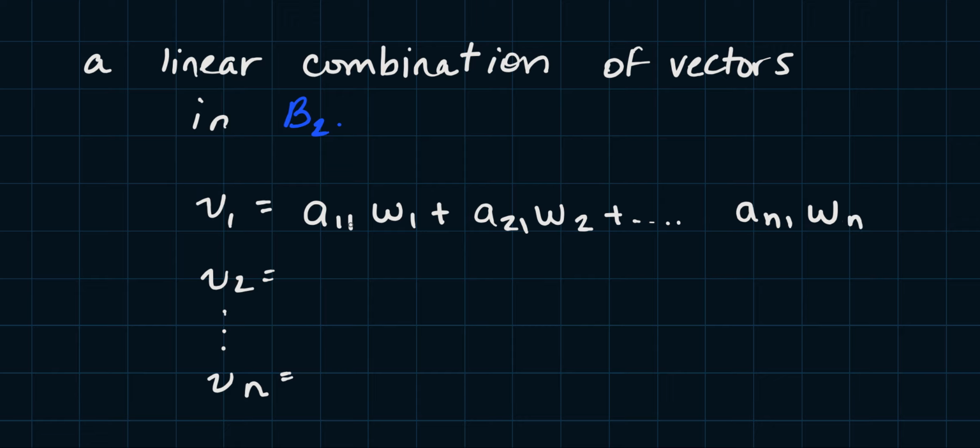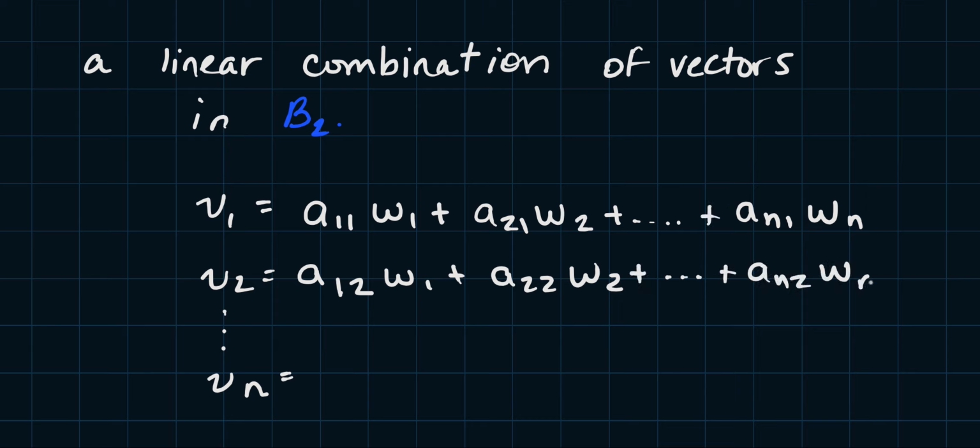So this one here, you see how I have a 1 on the second part? That corresponds to this vector V1. So the next one is going to be A12 W1, A22 W2, all the way to An2 Wn.